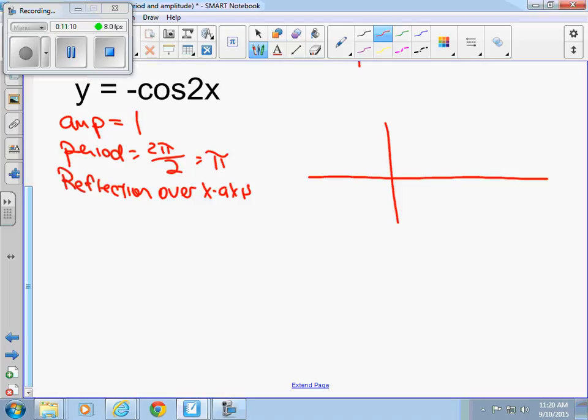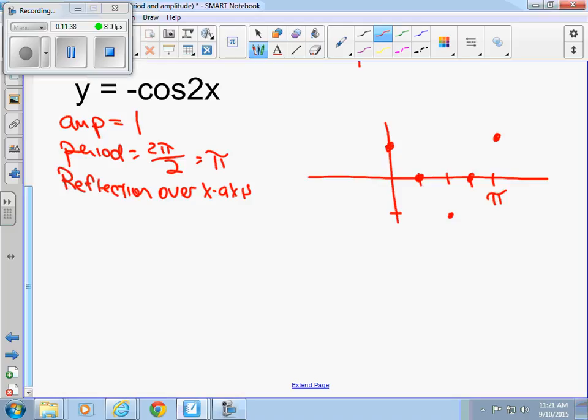Okay. Pi is my fourth tick mark. The amplitude is 1. Cosine normally starts at 1. I'm going to go ahead and draw the original before I reflect it. But I am okay if you can reflect this all at once. You don't have to show both.